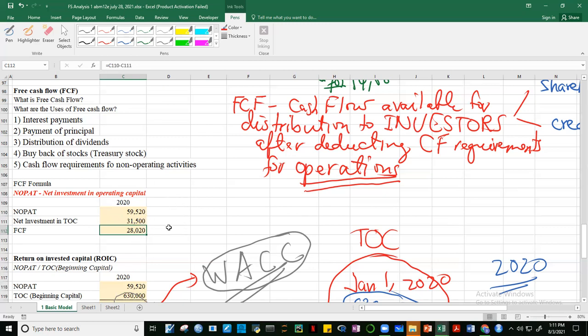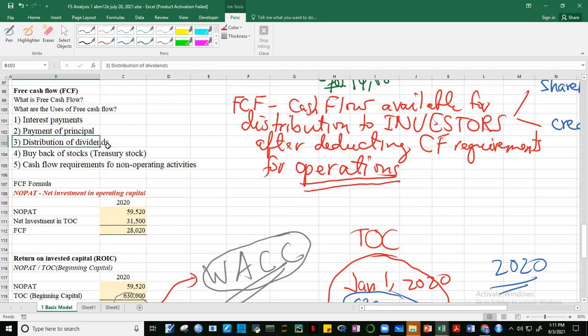Free cash flow is the cash flow available for distribution to investors. Who are the investors? Shareholders and creditors. Free cash flow is used for these five things. Payment of interest, remember the creditor is also an investor. Payment of principal.